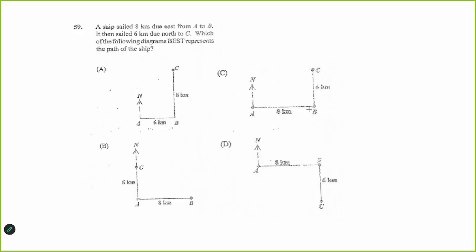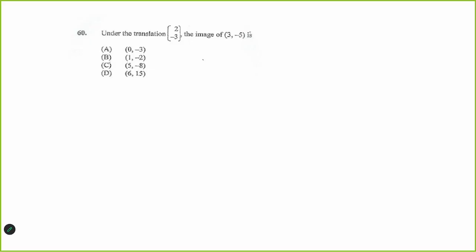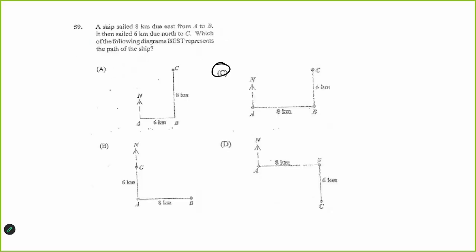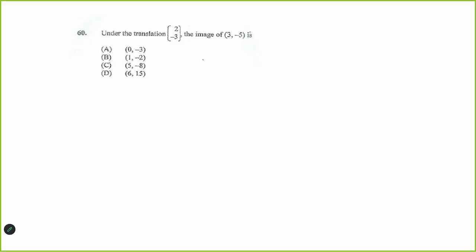So it goes east and then west. It would be right here. Or it goes east and then north. This one here is 3, minus 5, plus 2, minus 3. Hold on.